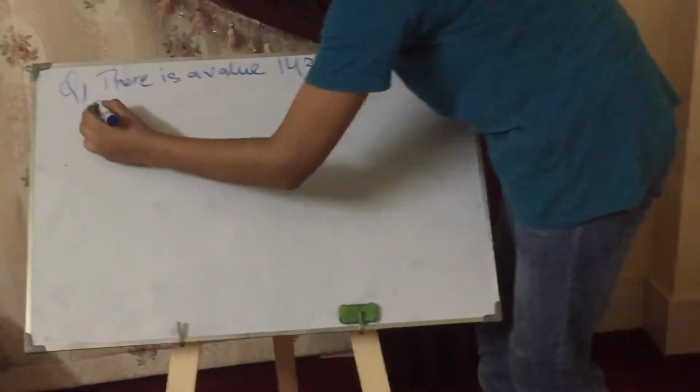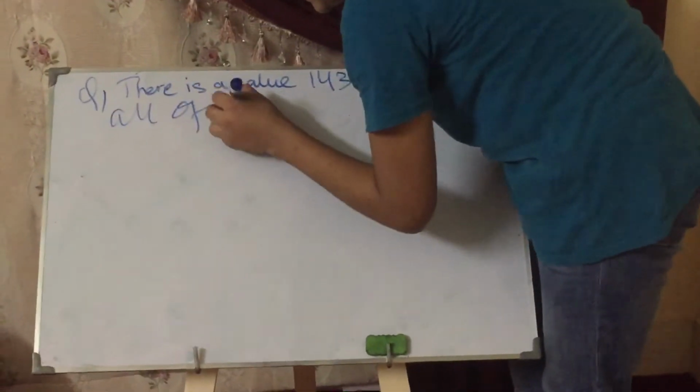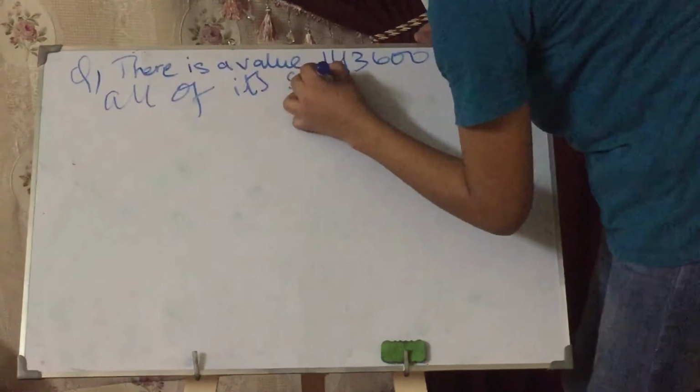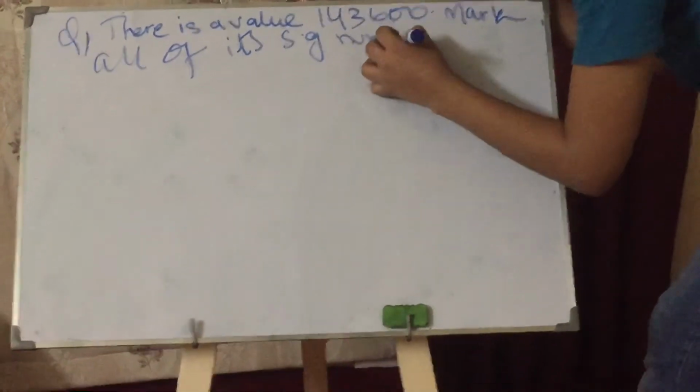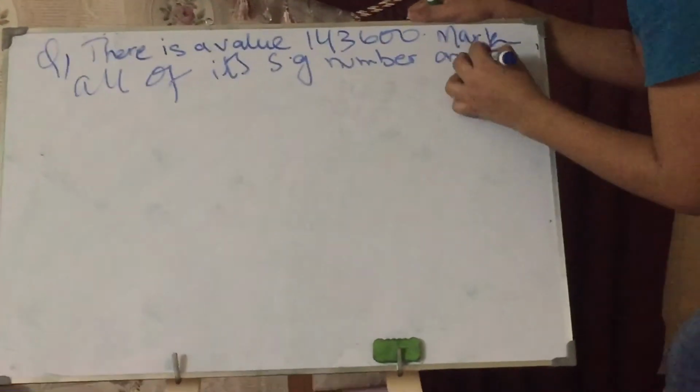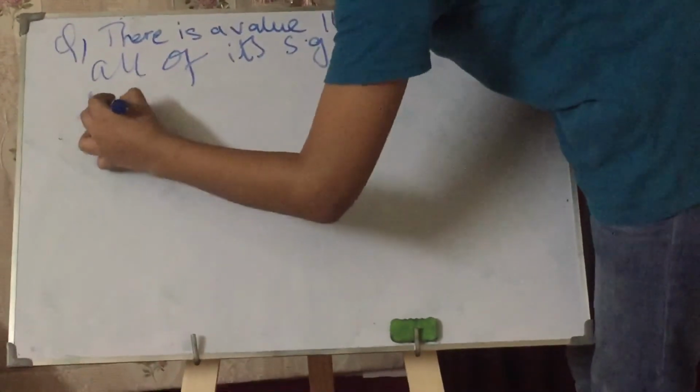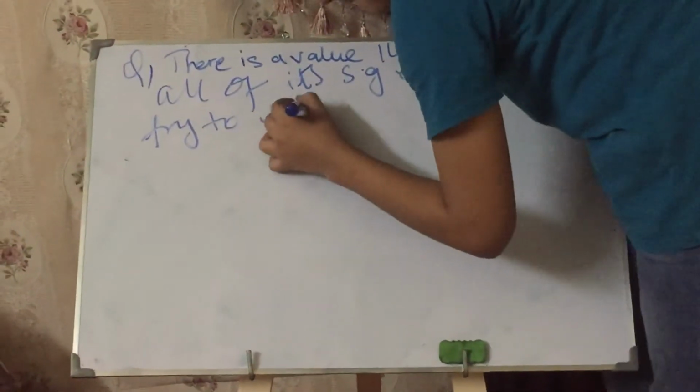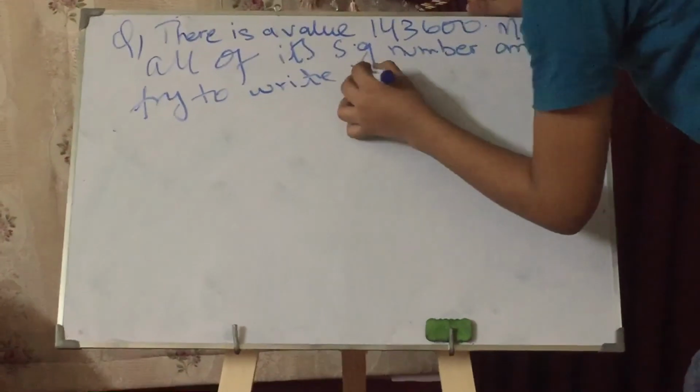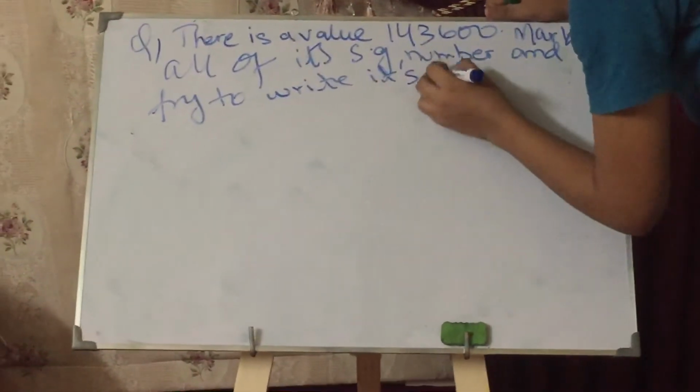Mark all of its significant numbers and try to write all its possible values.